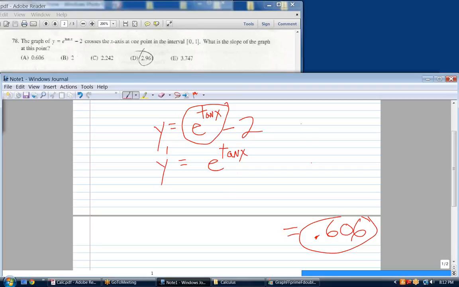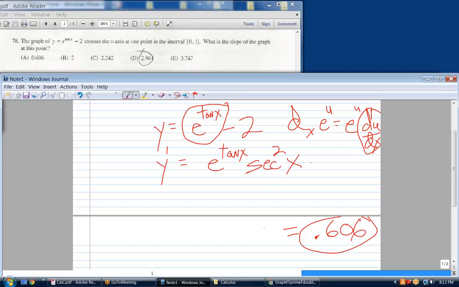The derivative of e to the u is equal to e to the u times du dx, which is the derivative of the inside. So it's e to the tan x times the derivative of tan x, which is what? Isn't that secant squared x? Okay. So there's our slope at any point along the x-axis.